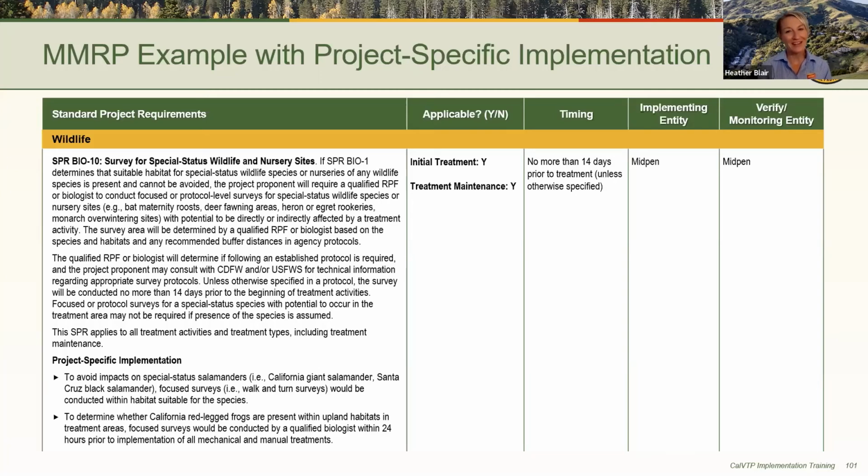The project-specific implementation information includes focused survey requirements and buffers for the specific special status species that are known to occur in the area and could be affected by the treatments. So Lara is going to be going into more detail on MMRP implementation later in part 3. Okay, next slide.